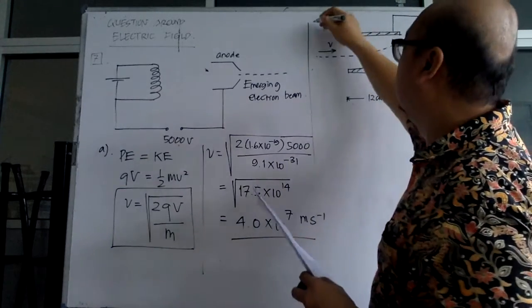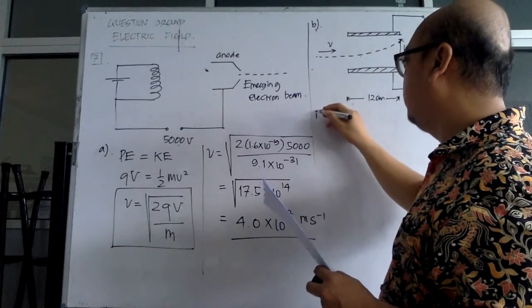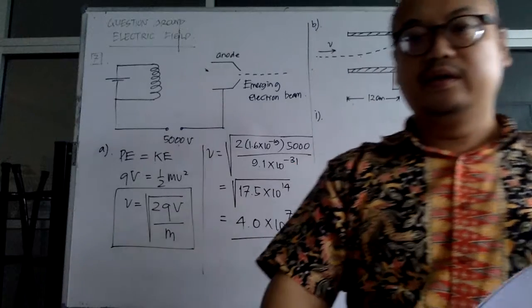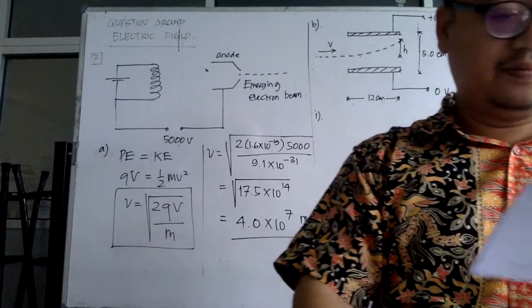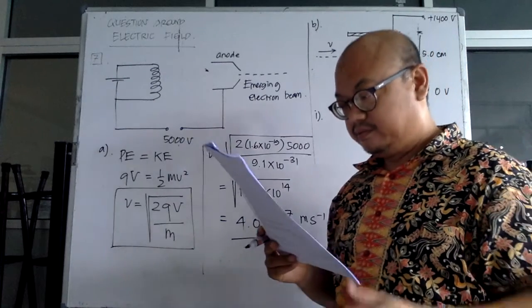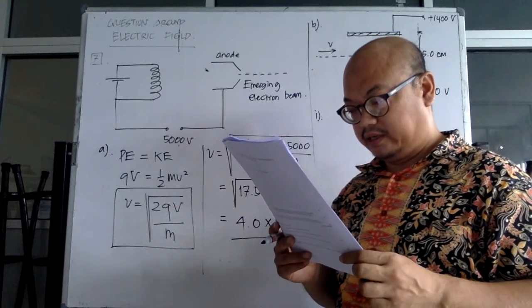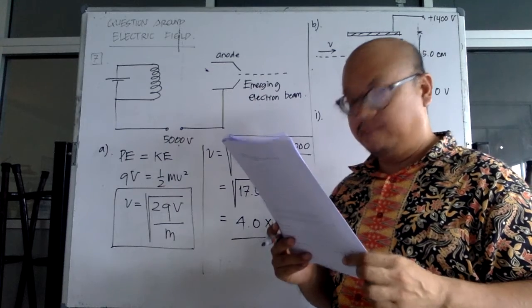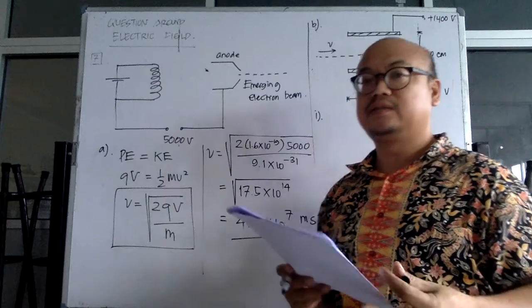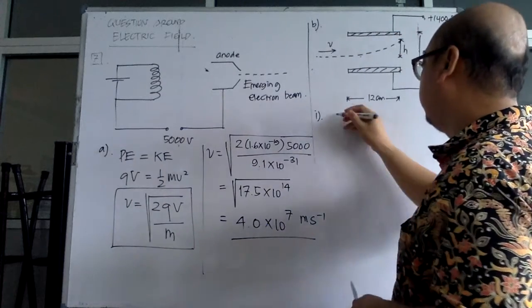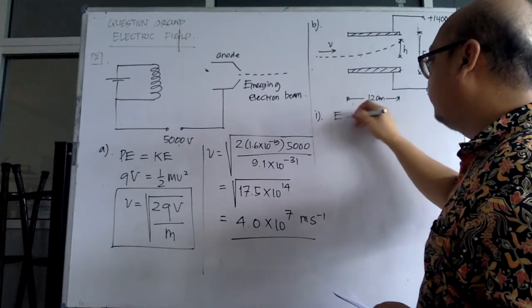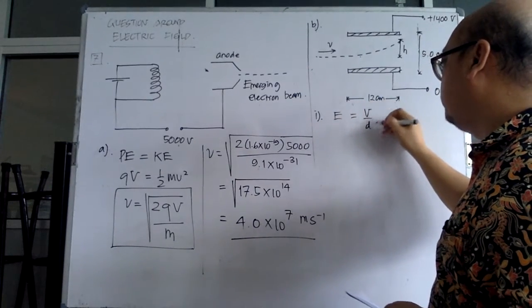On this B question, BI, calculate the strength A of the uniform electric field between the horizontal plates. How to find A? It is V over d.